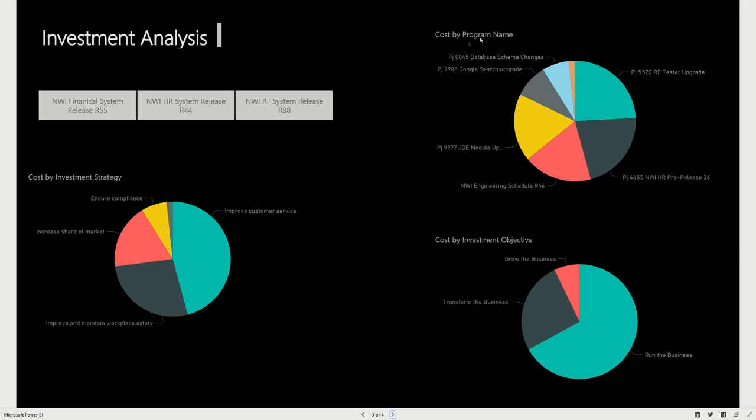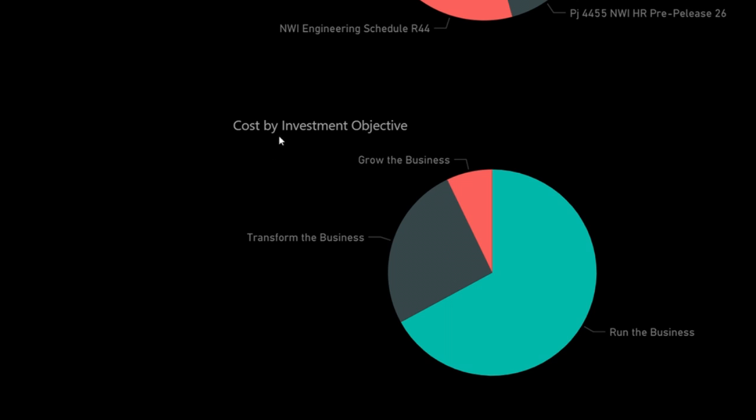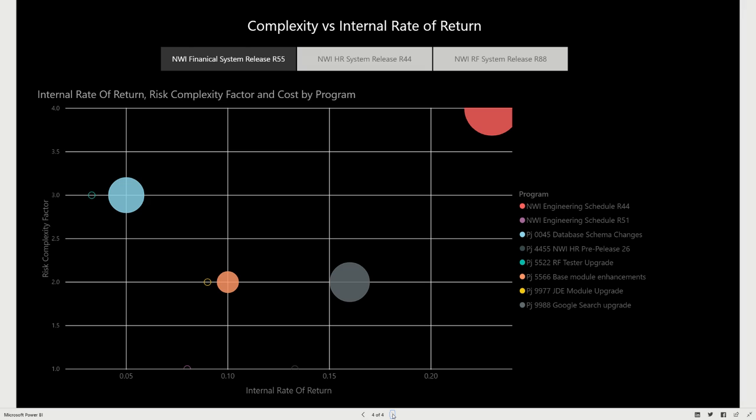Over here we got cost by program and the investment objective. We want to grow the business. It looks like most of the money is being spent on running the business, and we're going to do some business transformation here. And the last page, bubble chart, where internal rate of return has been calculated for each of these programs.